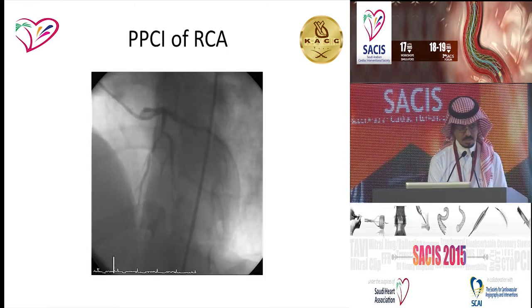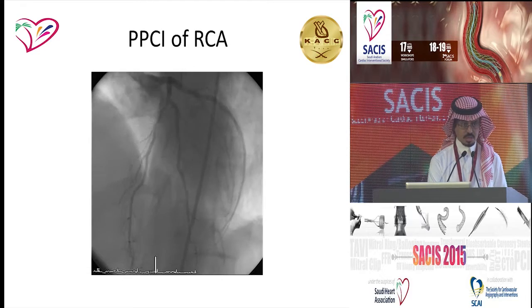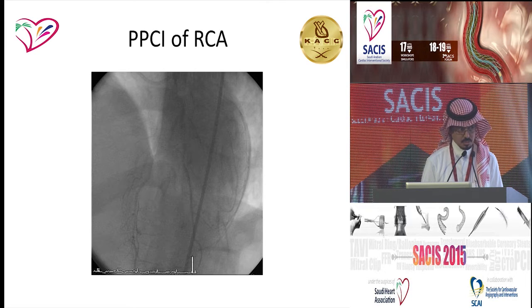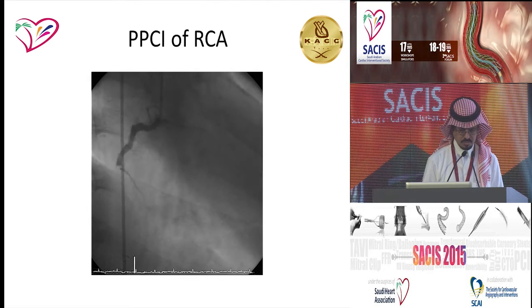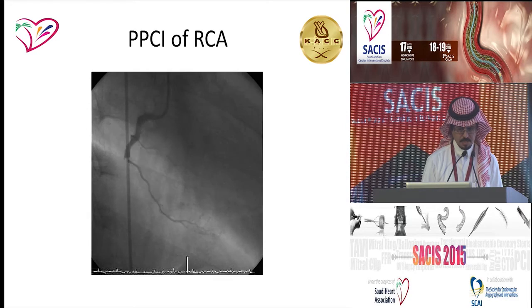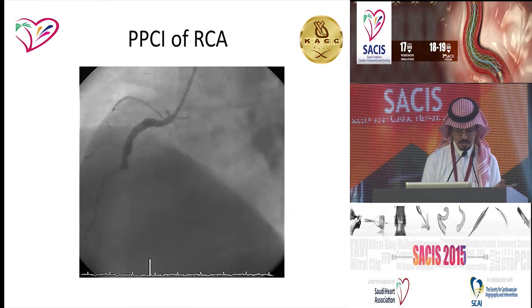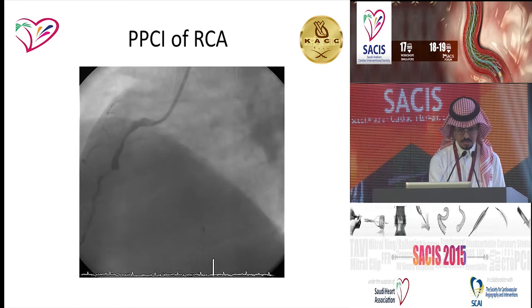On the left side, you see almost a double LAD, like the diagonal is parallel and long, the same size as the LAD. It is a true bifurcation involving the ostium of the diagonal and the LAD, before and after the bifurcation.